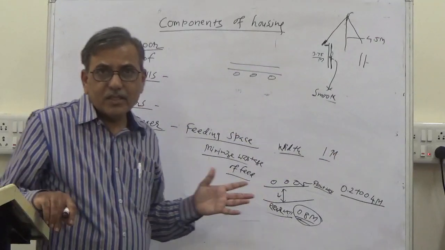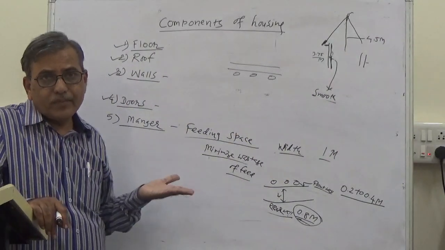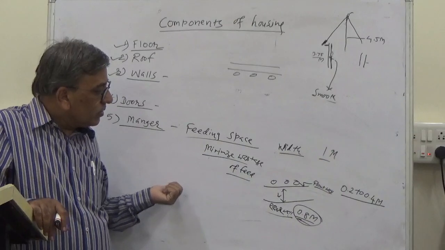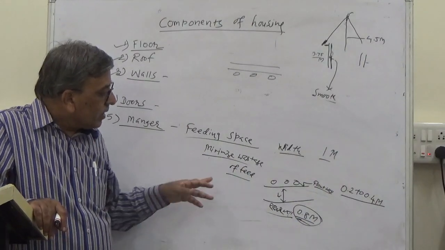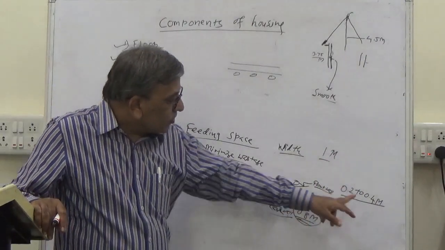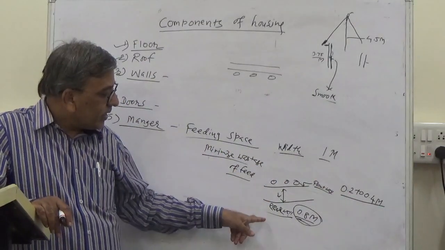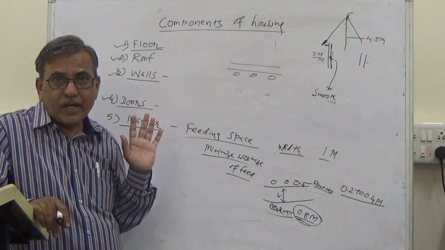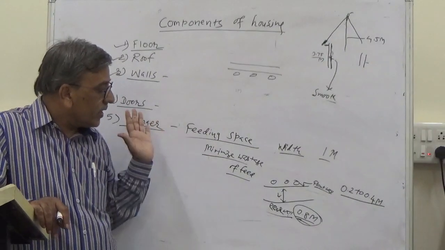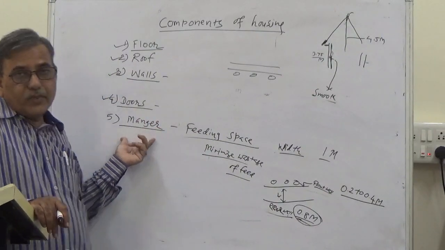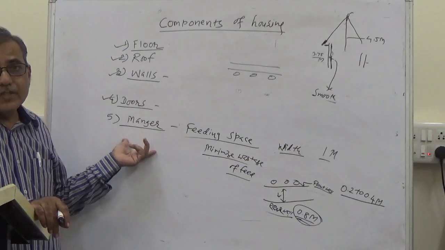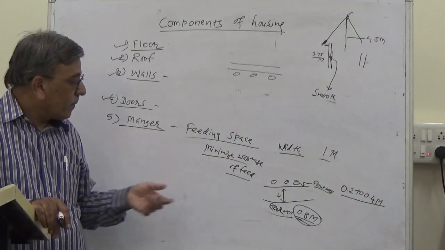Diagrams are given in the book. You can go through the diagrams also to clear your ideas. So these are the specifications as far as the feeding place, which is called the manger, is concerned.